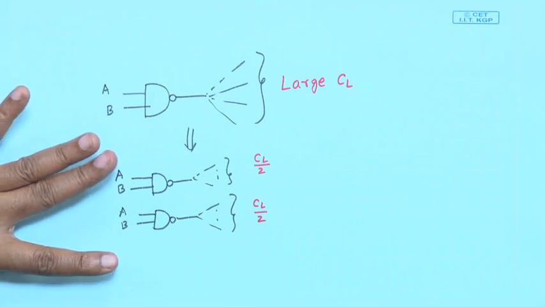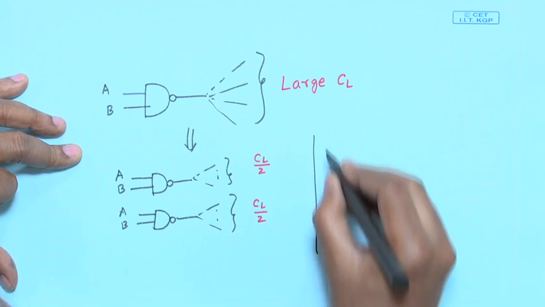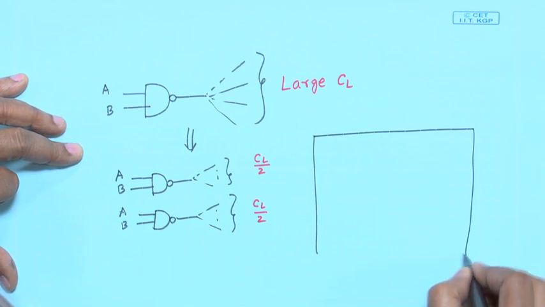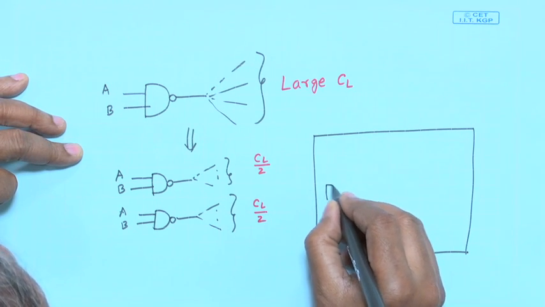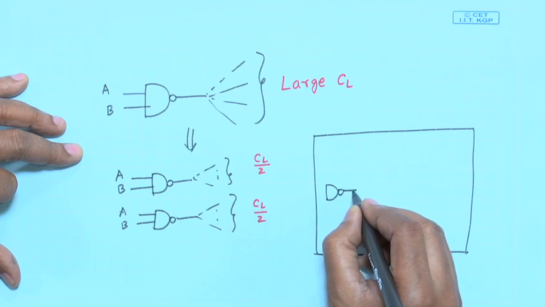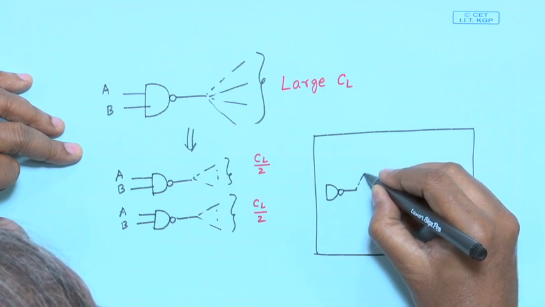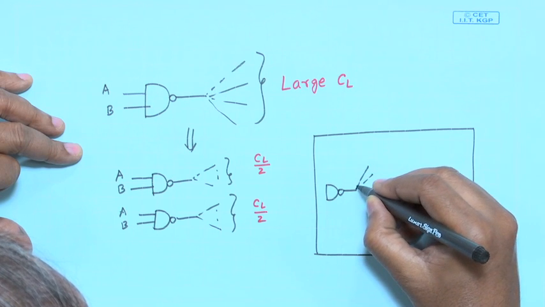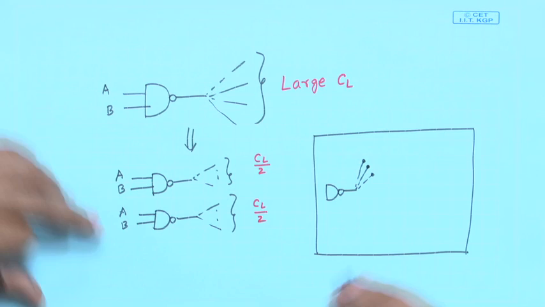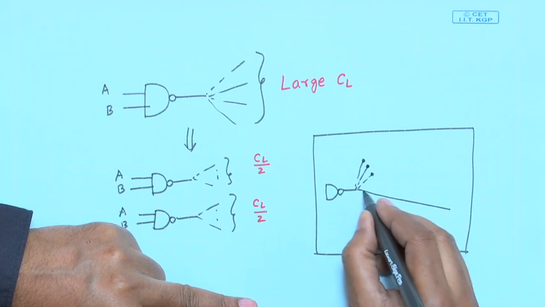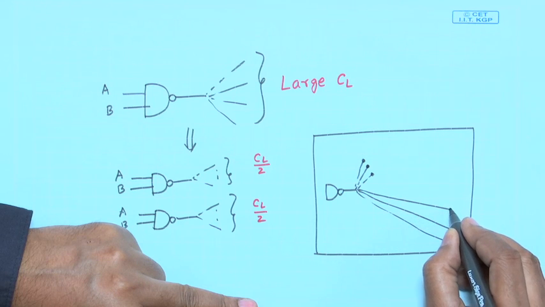There can be another reason. Let us look at my total layout. Let us say my NAND gate was here and the output was going to so many different places. Some of the outputs were going here, these were the 3 points where it was going, but the other outputs were going somewhere which are quite far apart.